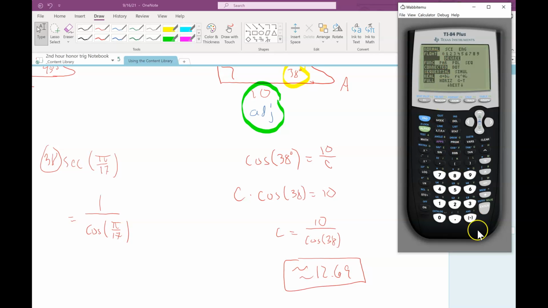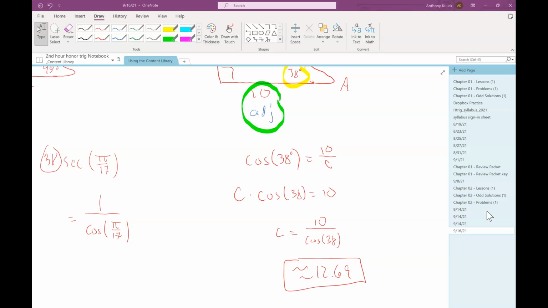So I'm just pressing the mode button and then changing that to radian mode. So I have 1 divided by cosine of pi over 17. So that's going to be 1.0, what did it say? Thousandth. 1.017.